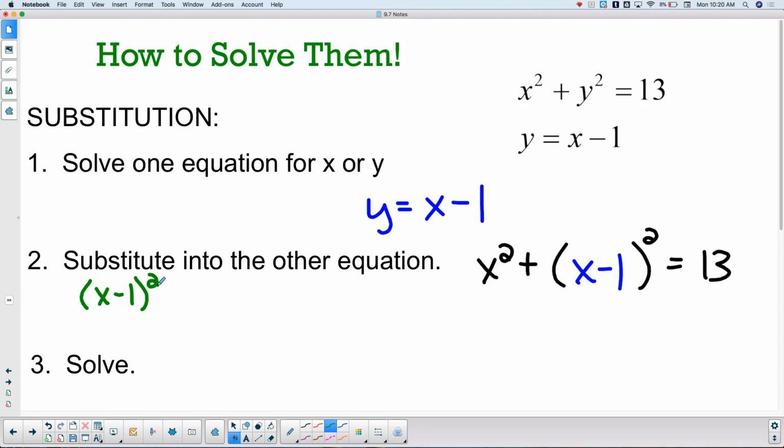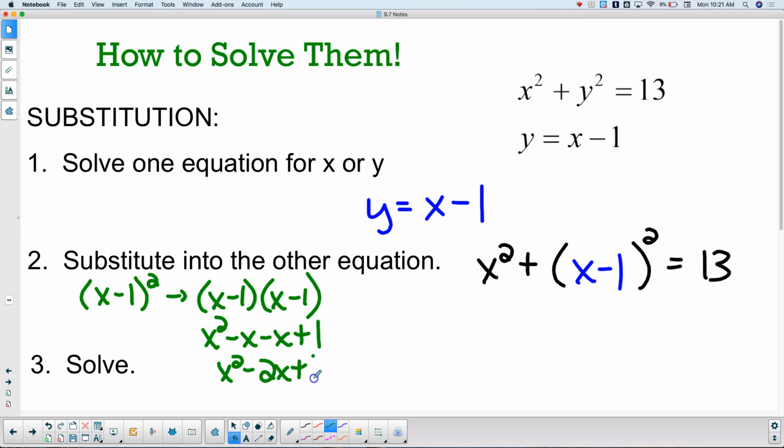The problem with that is that's bad math. Because x minus 1 quantity squared is really x minus 1 times x minus 1. And x minus 1 times x minus 1 is x squared minus x plus 1, which makes x squared minus 2x plus 1.